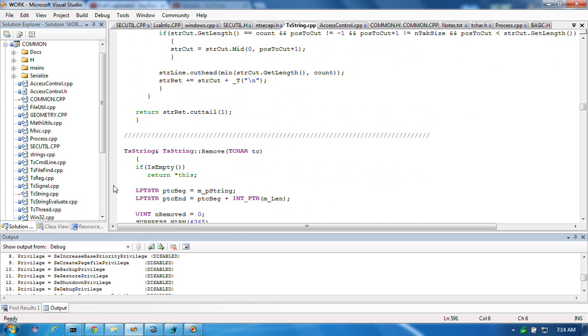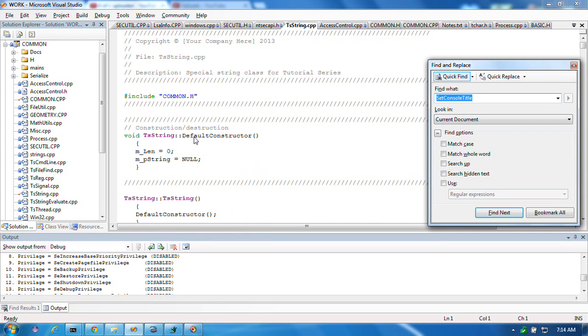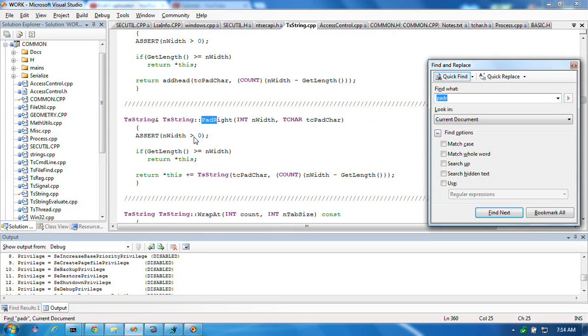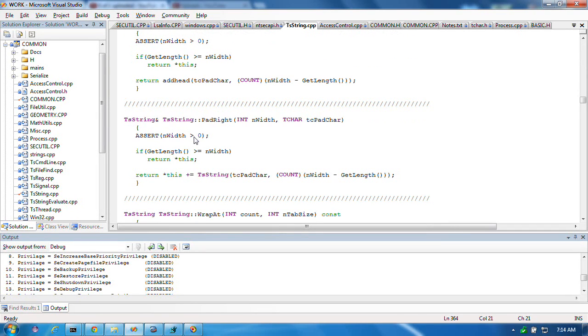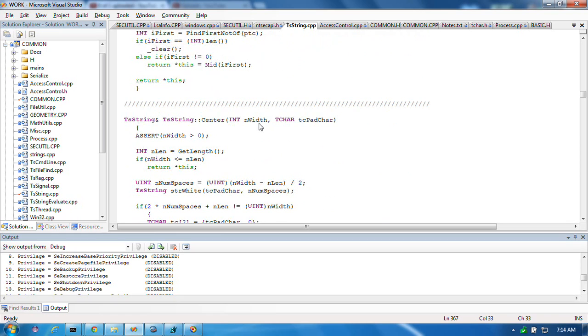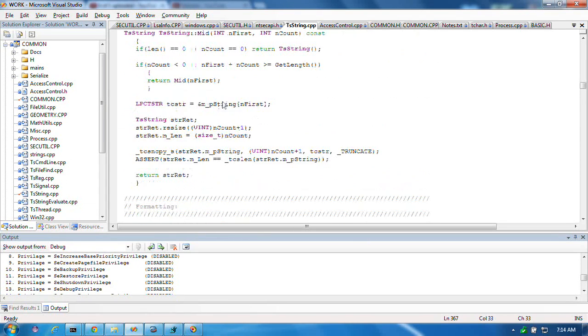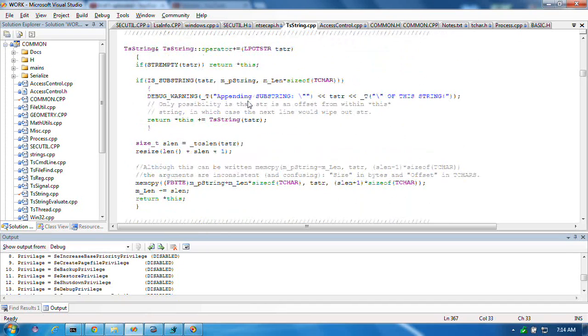I don't know where it is. Okay. And then it's involved with this constructor here, which takes a character and a count. So I have a look at the constructor, wherever it is, probably closer to the top, usually.